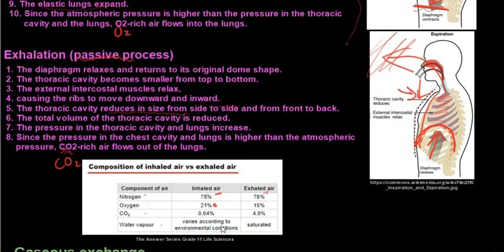With inhaled air, oxygen concentration is around 21%, and when you exhale, it's around 15%, because remember, your body has used some of that oxygen. Then look at the difference between carbon dioxide. With inhaled air, carbon dioxide is 0.04%, and when it is exhaled, it is 4%.